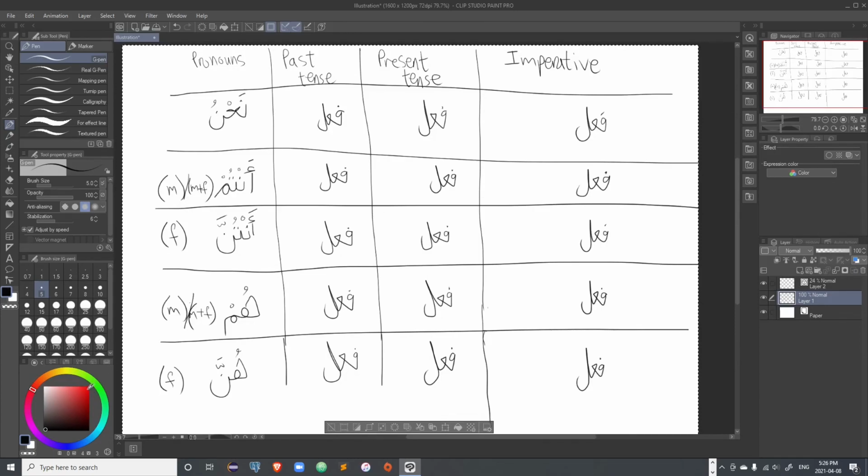Okay, now let us grab the red. For نحن, it is exactly the same as before. نا, فعلنا. For أنتم, take the last two letters here and add them here. فعلتم.